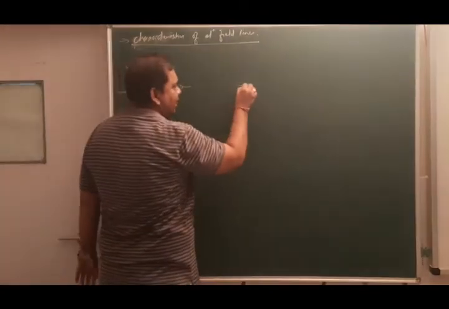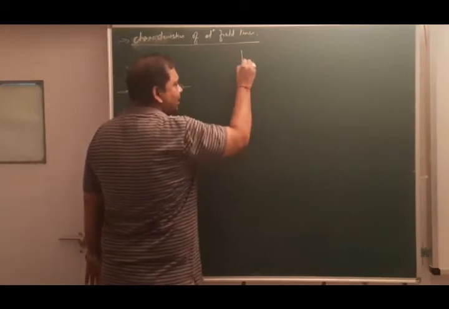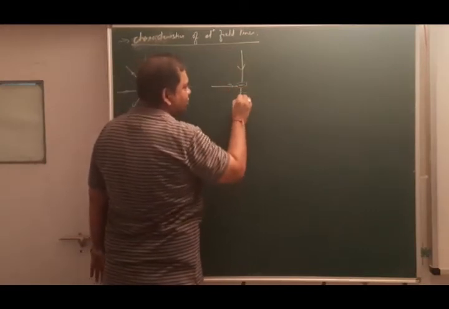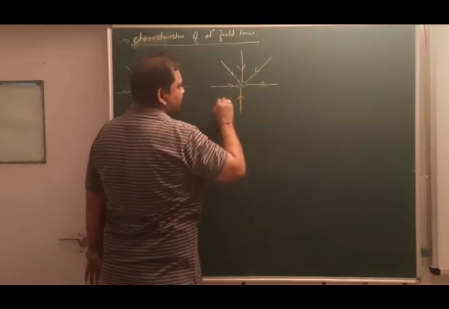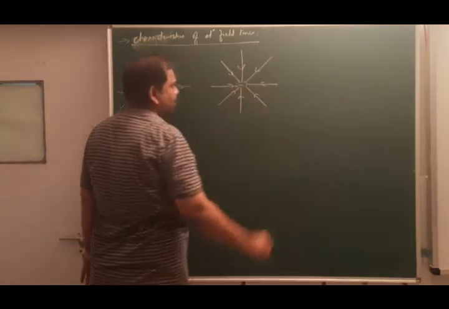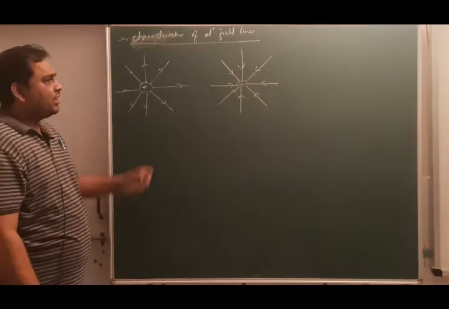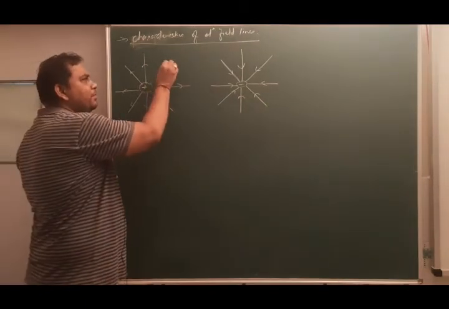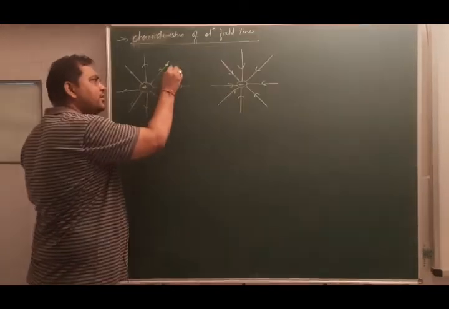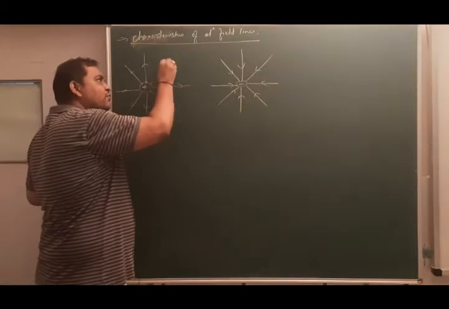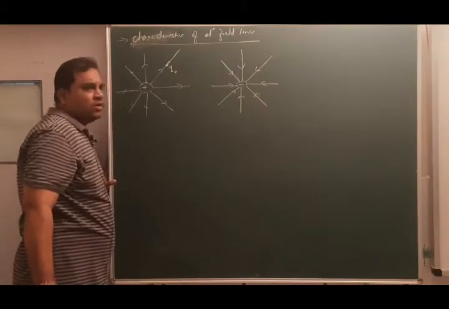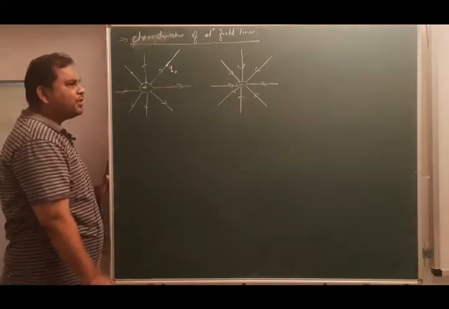Similarly, if we have a negative charge, then electric field lines are continuous lines that are inward, like this. What does it indicate? It indicates that if I place a point test charge Q0 over here, then it will follow this path.